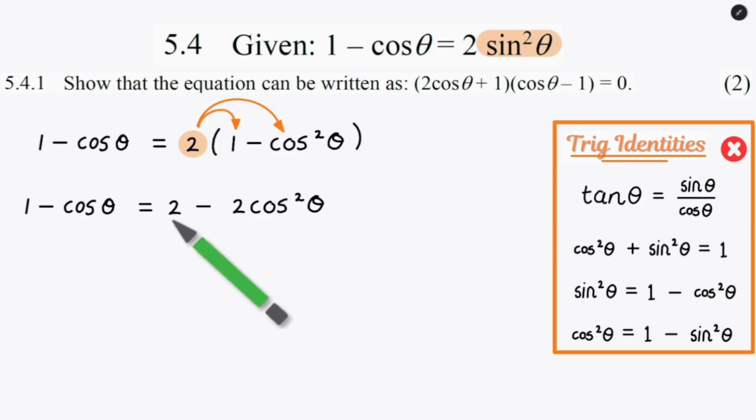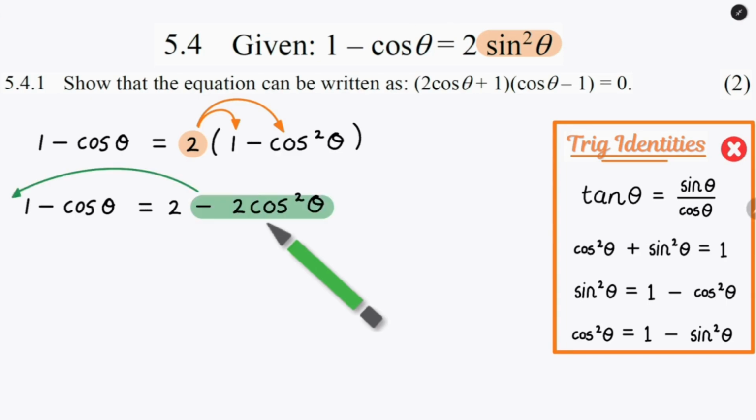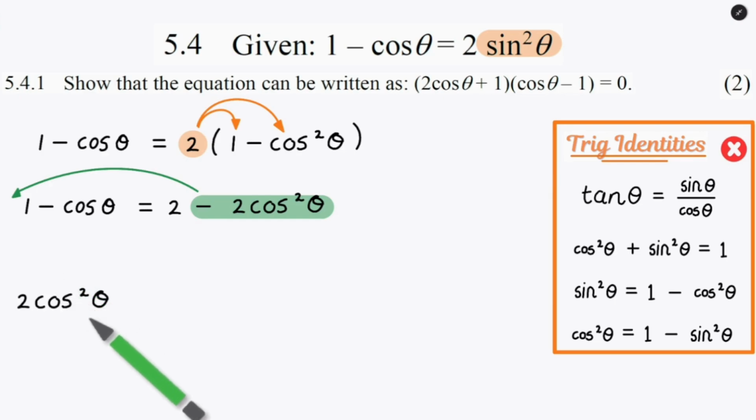So if I have a trinomial, I want to reorganize it so it's in the right order to set me up for factorization. So this minus 2 cos squared theta, I'm going to take it over to the other side of the equation, and I want that guy first. So we just go ahead and place him first. Now this minus cos theta, I want that in the middle.